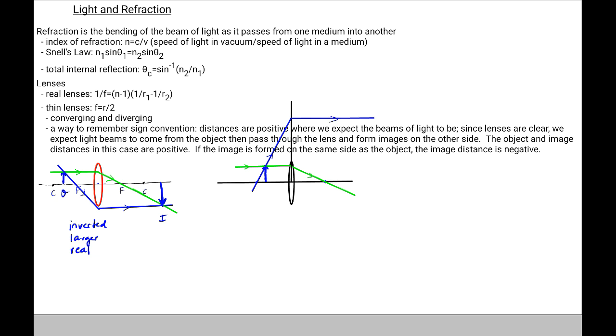So we have the first beam coming in parallel to the principal axis, and it goes through the tip of my object. At the surface of the lens, it bends to go through the focus of this first curved surface. The second beam goes through the focus of the second curved surface, so that would be that point.